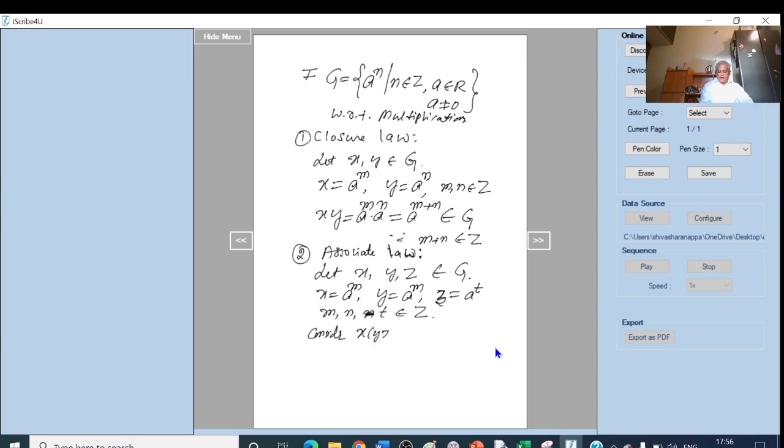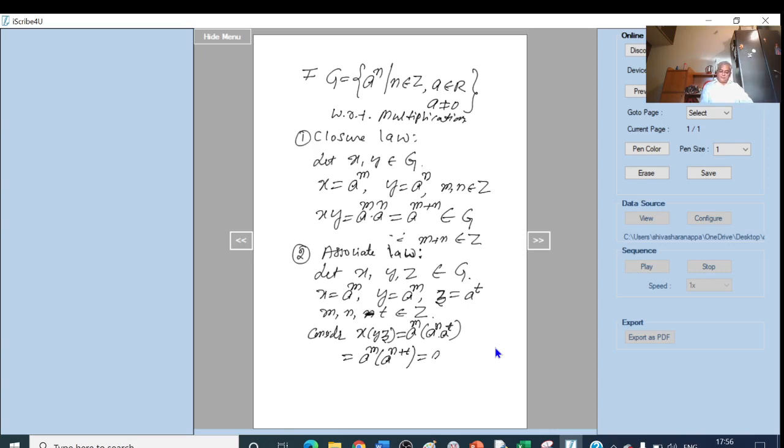x into yz. This is equal to a to the power of m into a to the power of n into a to the power of t. This is equal to a to the power of m into a to the power of n plus t.